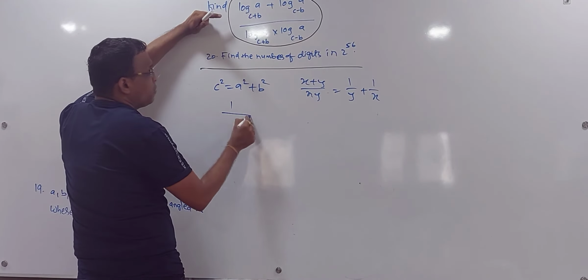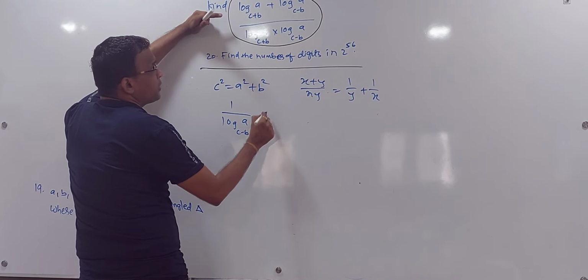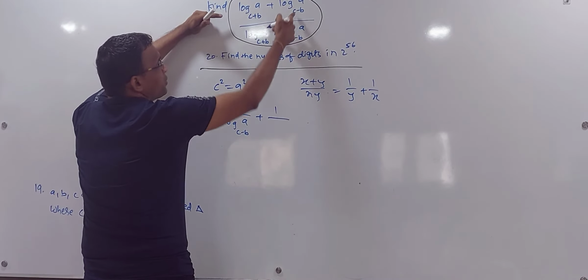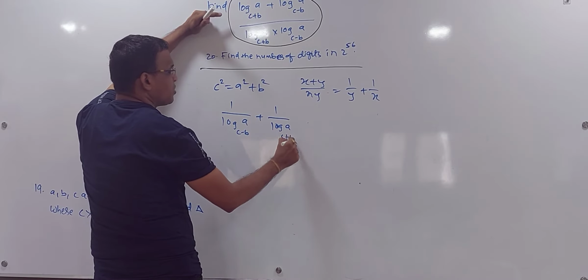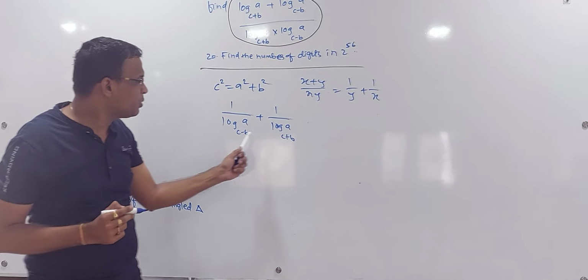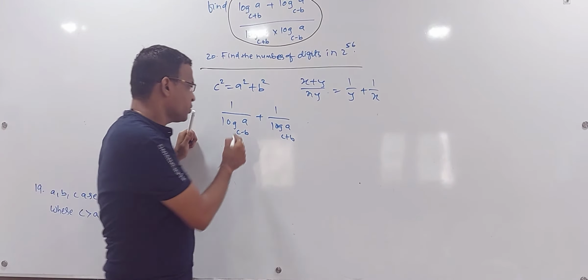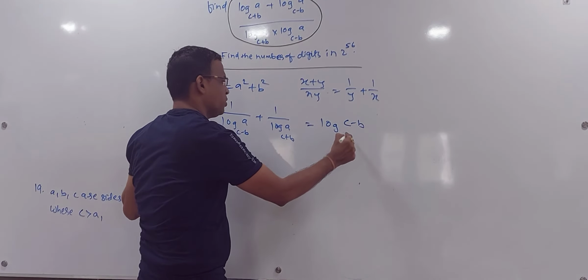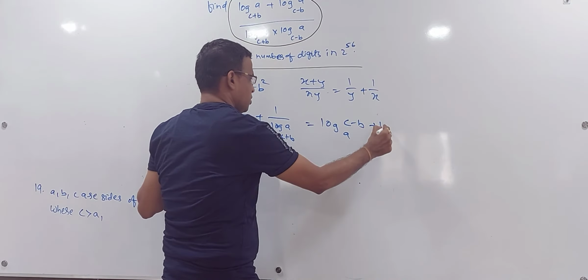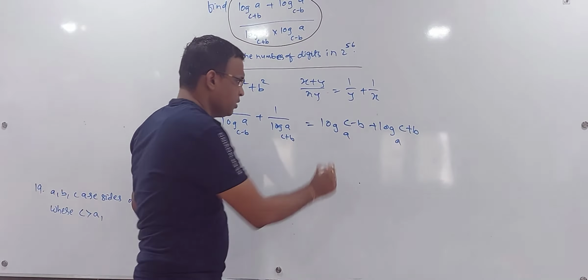So it will be 1 upon log a to the base c minus b plus 1 upon this, and this and this get cancelled, log a to the base c plus b. Just last question. We don't want a different base, we want the same base, which is this a. And log is in the denominator, so I can rewrite it as log of c minus b to the base a plus log of c plus b to the base a.